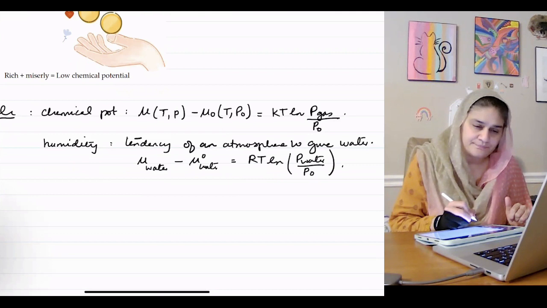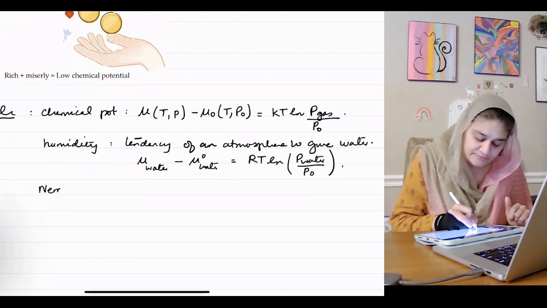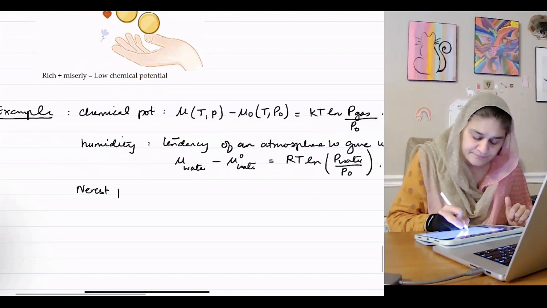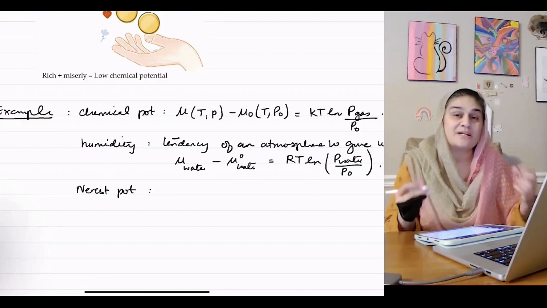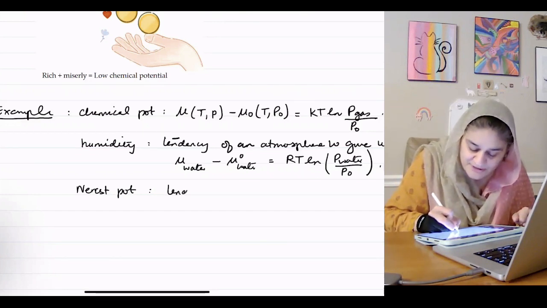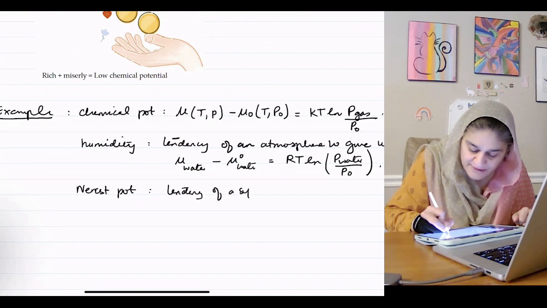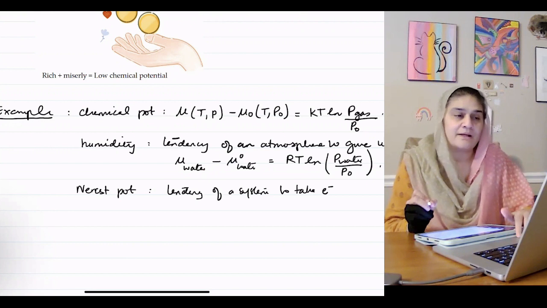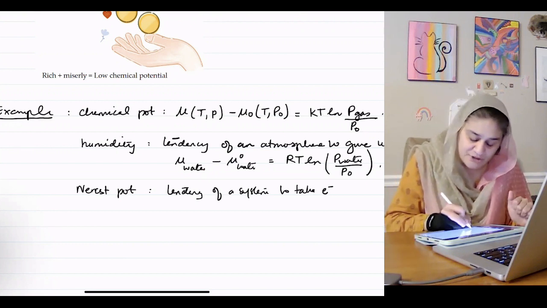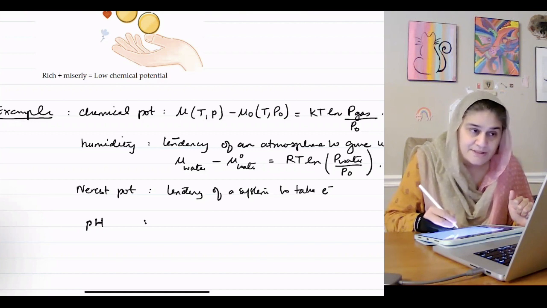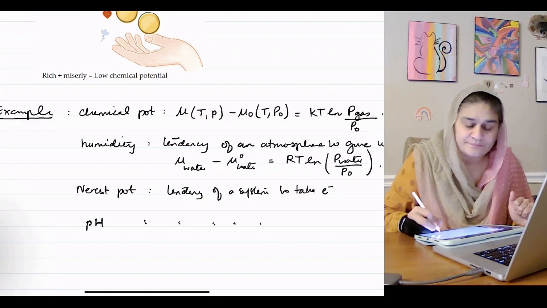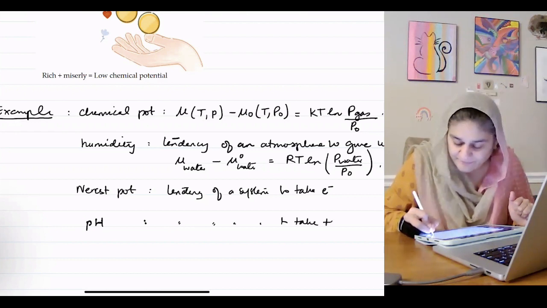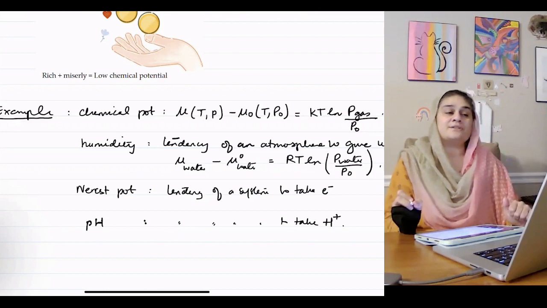For the Nernst potential, it is the tendency of a system to take electrons, and the pH is the tendency of a system to take H ions.